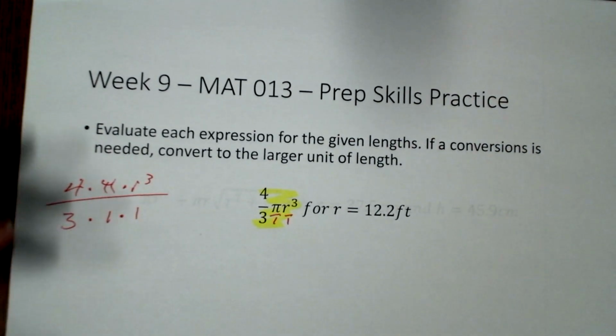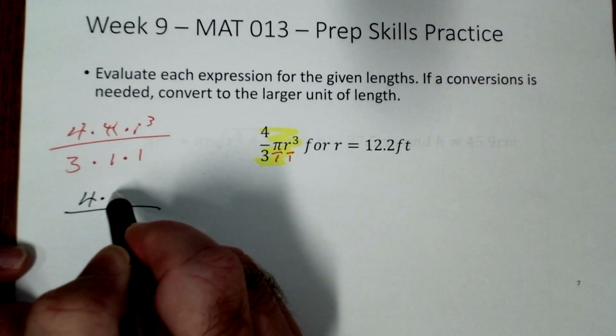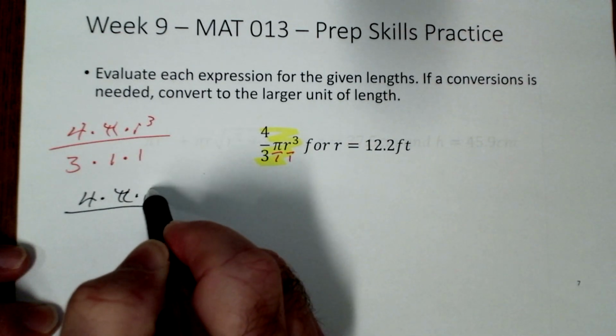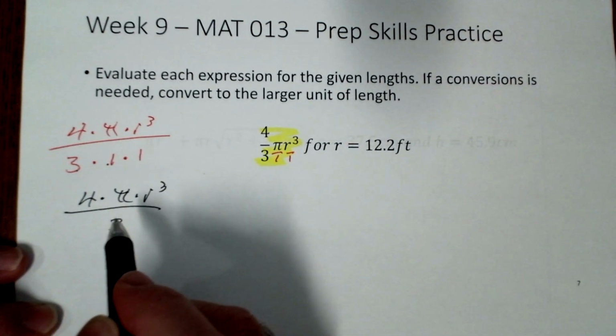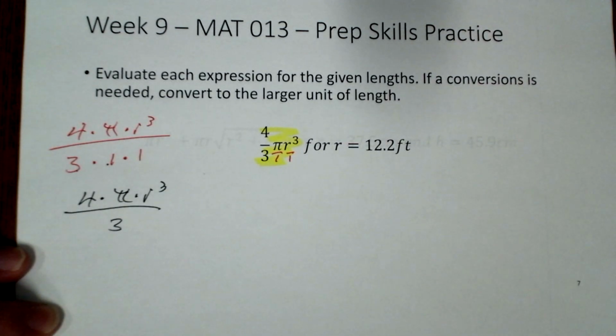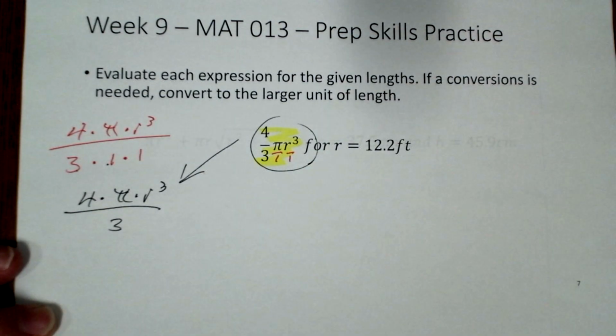In fact, I'm going to simplify it even more. I'm going to go 4 times pi times radius cubed over 3 times 1 times 1, which is simply 3. So we can rewrite this whole equation that looks scary into a very simplistic form.